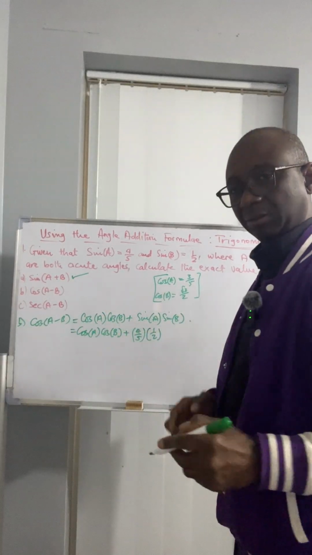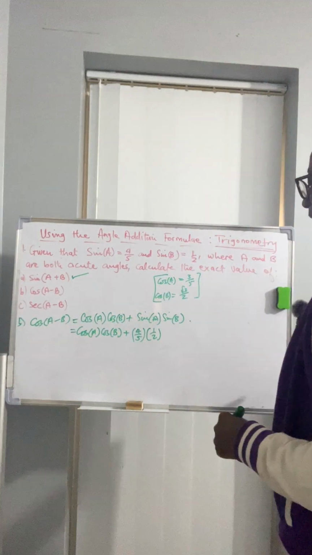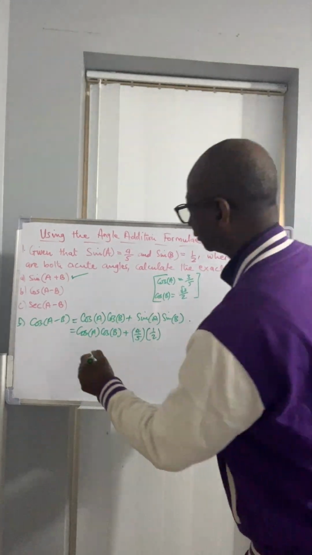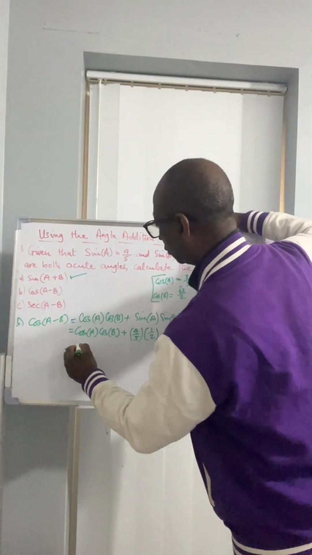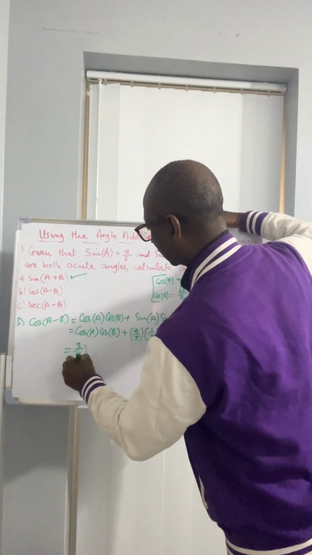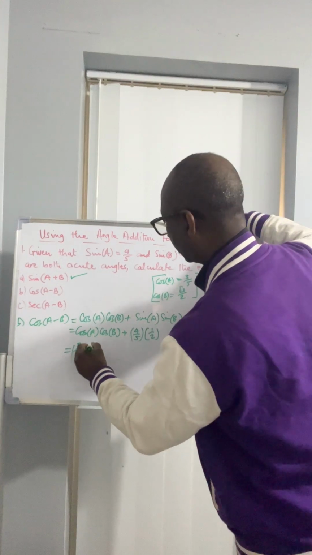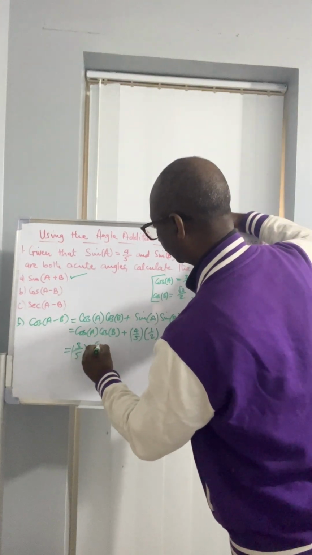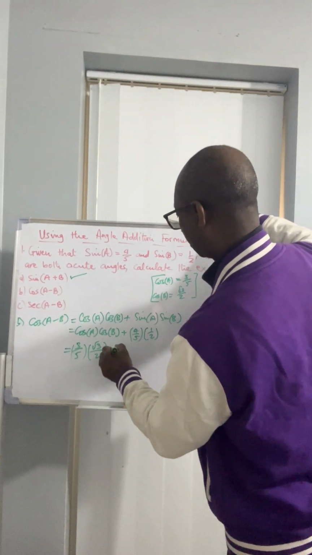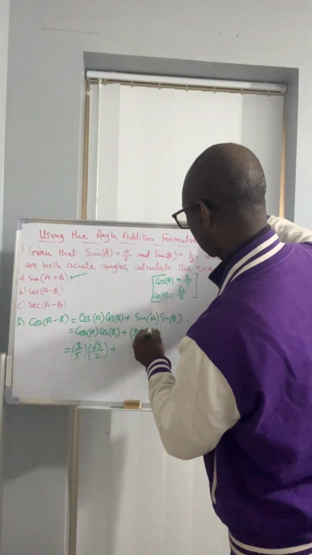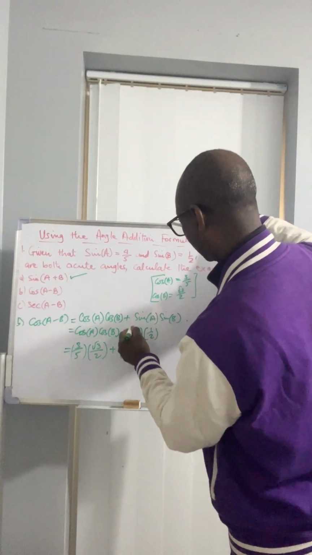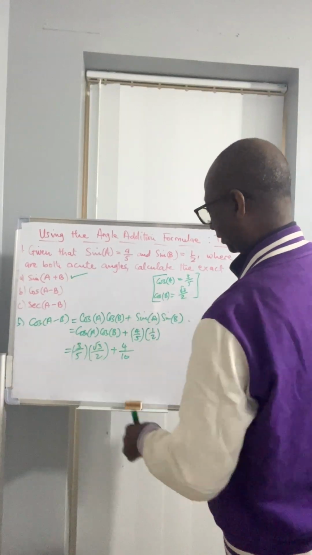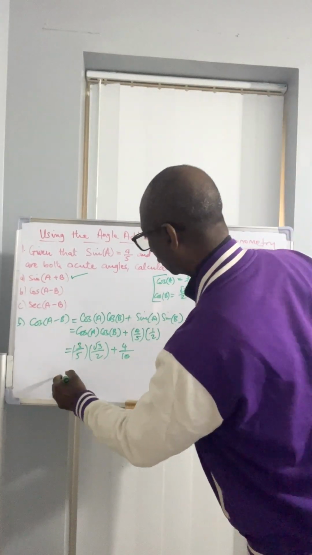Now we come back to this problem here where we stopped before. So now we know what cos A and cos B are. Cos A is 3 all over 5 times cos B is √3 all over 2. Now plus 4 times 1 is 4 all over 5 times 2 is 10. I don't want to simplify because I see 10 here. So what does that mean?